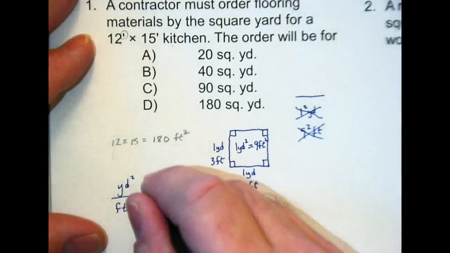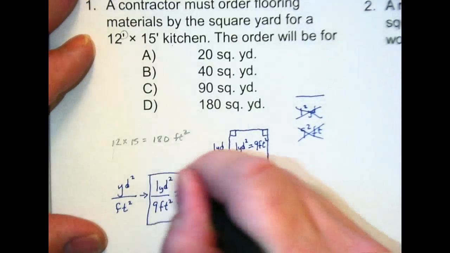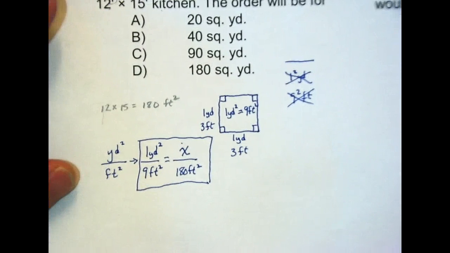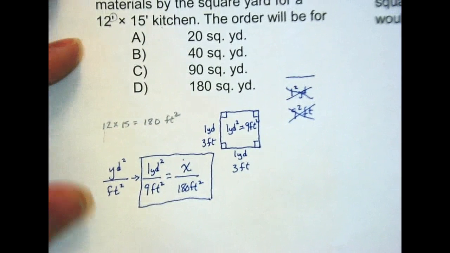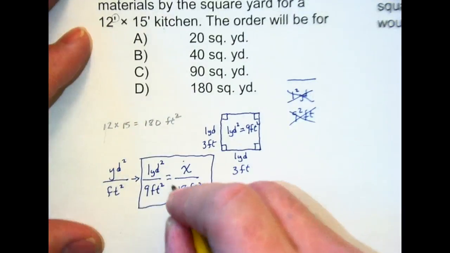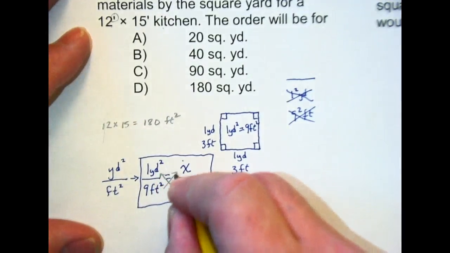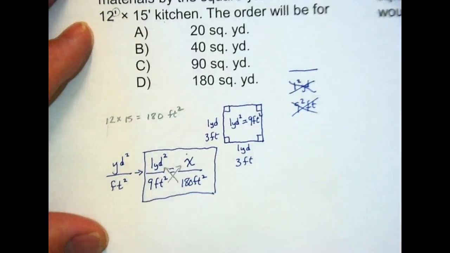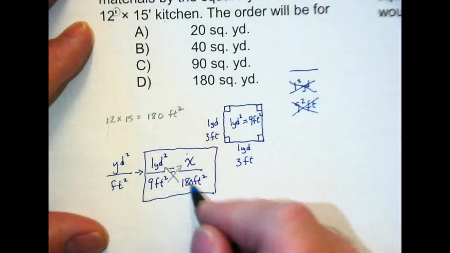This is a proportion. That proportion I can now solve. How do I solve proportions? Most of you have this cool thing you hear about all the time. You cross multiply and divide. Okay? That's one method if you have a proportion. So we have 180 square feet.